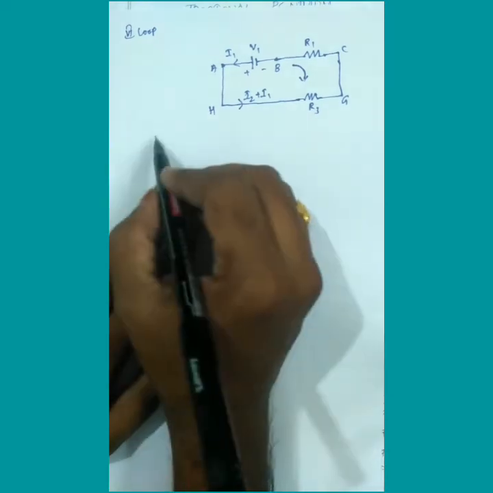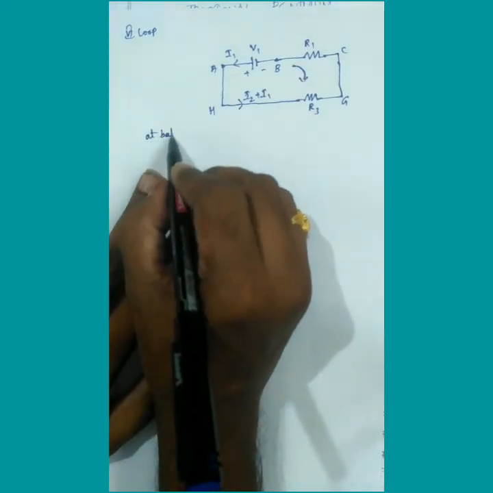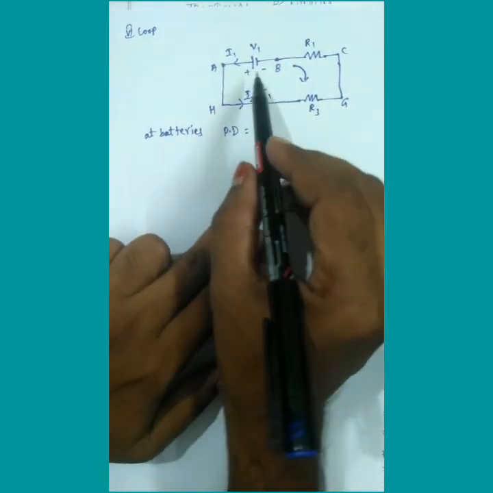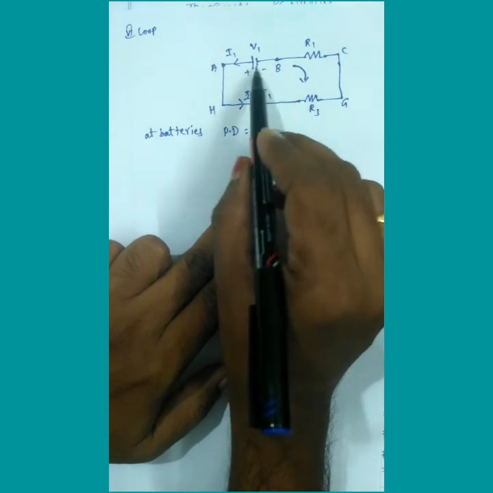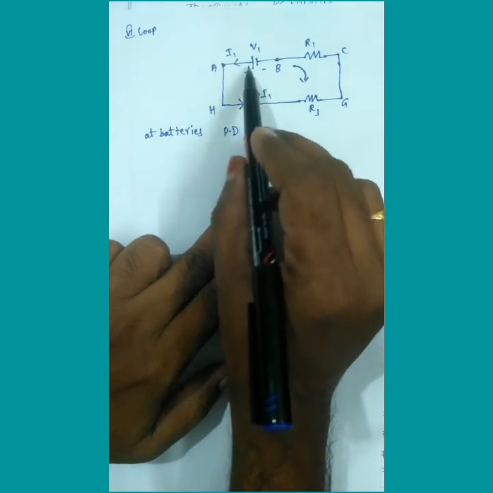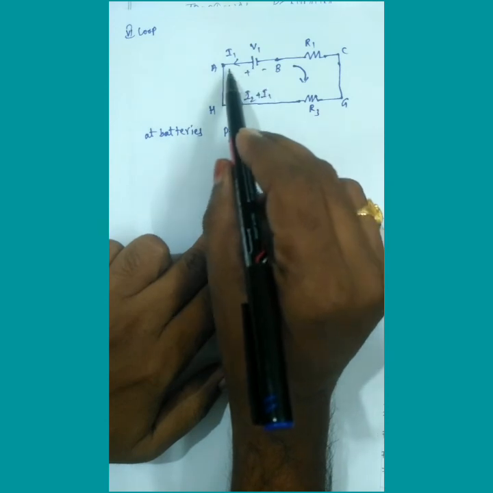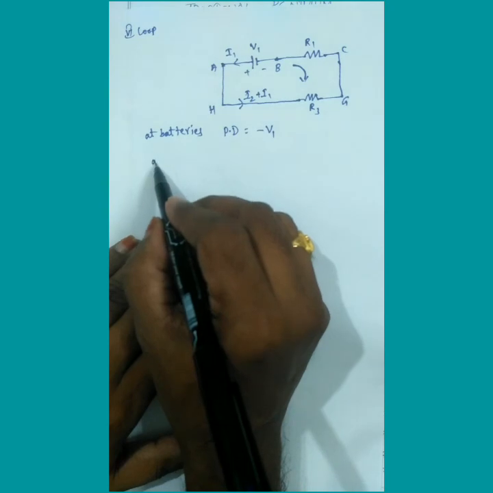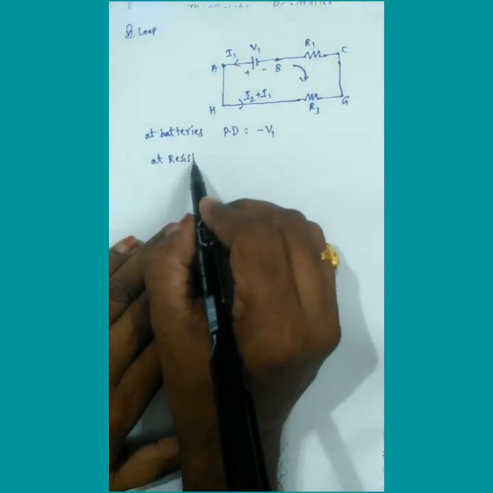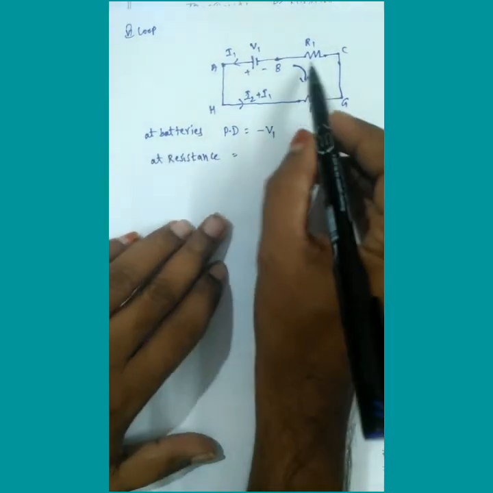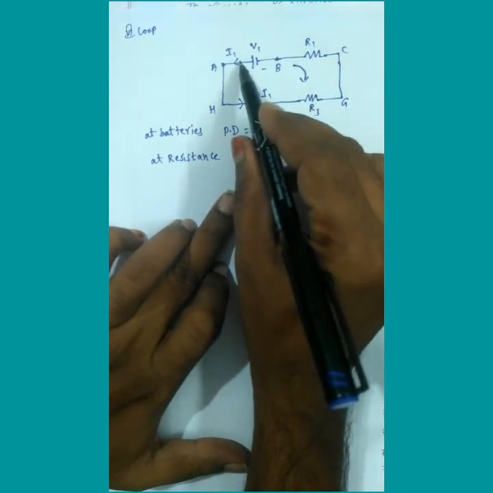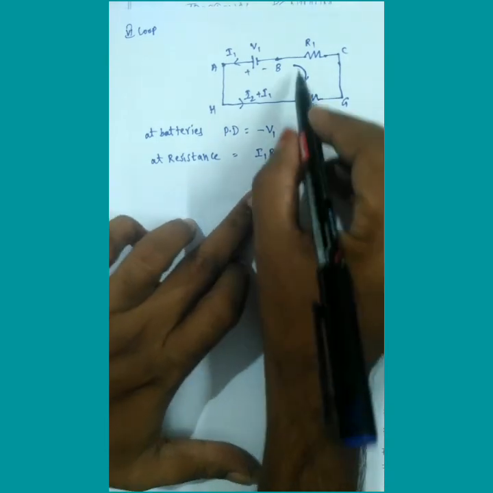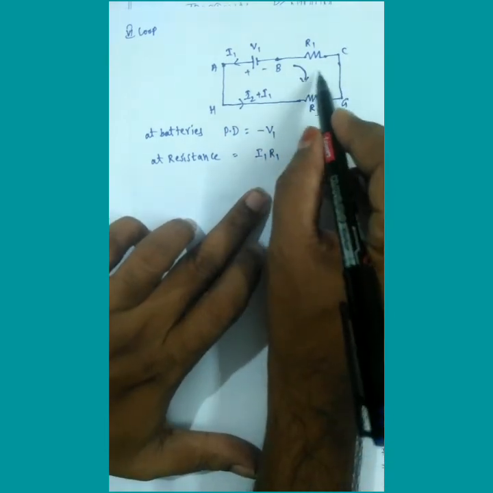If we are taking along this direction at the batteries, the potential difference is positive to negative, but the current flowing is negative to positive. That's why we have to take minus. And at the resistances, how many resistances are there? Two resistances. The first resistance is R1, the current is I1, so it is I1 R1, and we are coming along this direction.